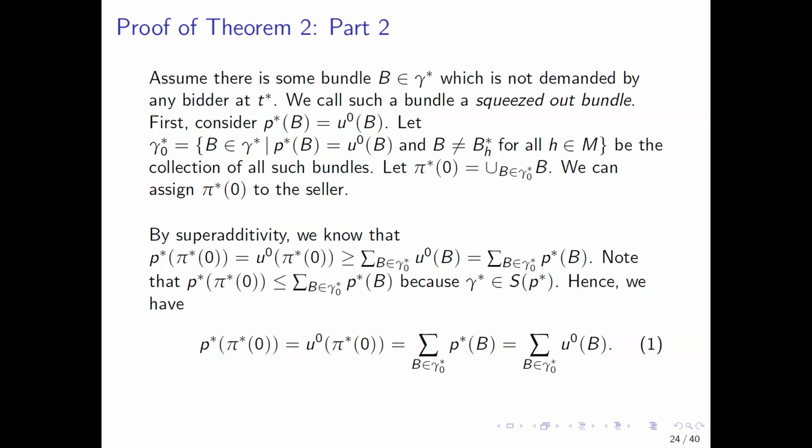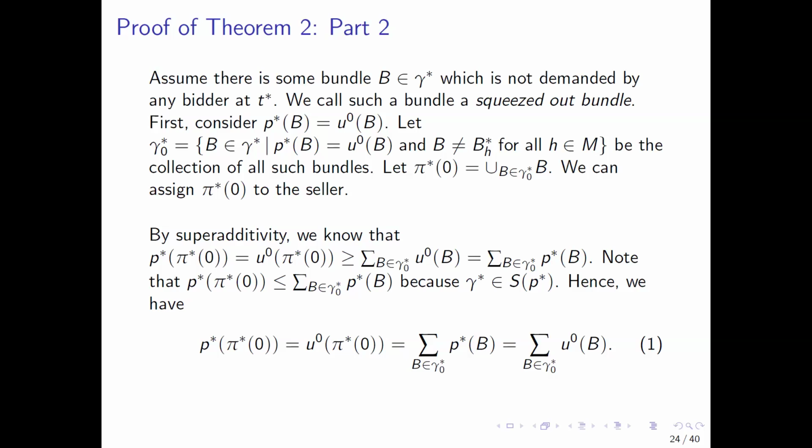So if you look at both sides, then actually this price is just equal to the union. You add up all squeezed bundles' prices together. So this is optimal for the seller to take.